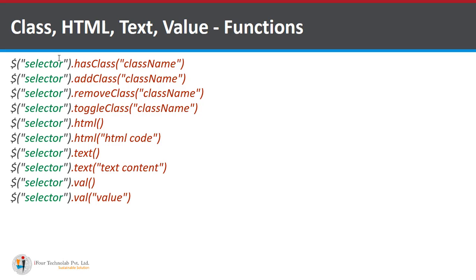To remove a class, use .removeClass. For toggling a class, if you want to toggle from class 1 to class 2, then you have to use .toggleClass. .html, if you want to get or set any HTML text, then you have to use $ .html. Then .text, .val, .value.